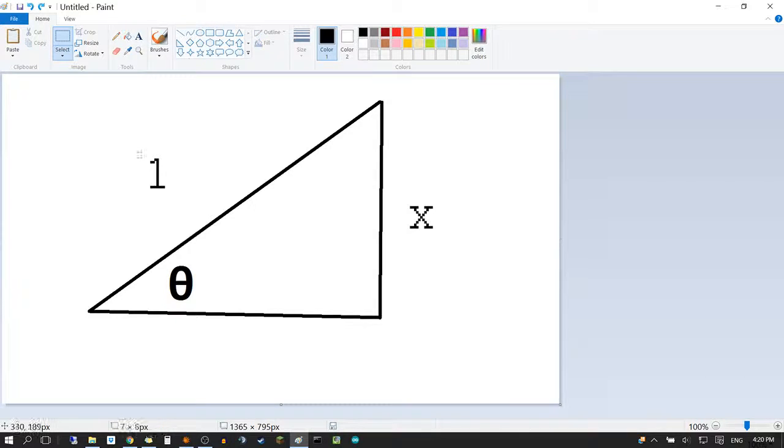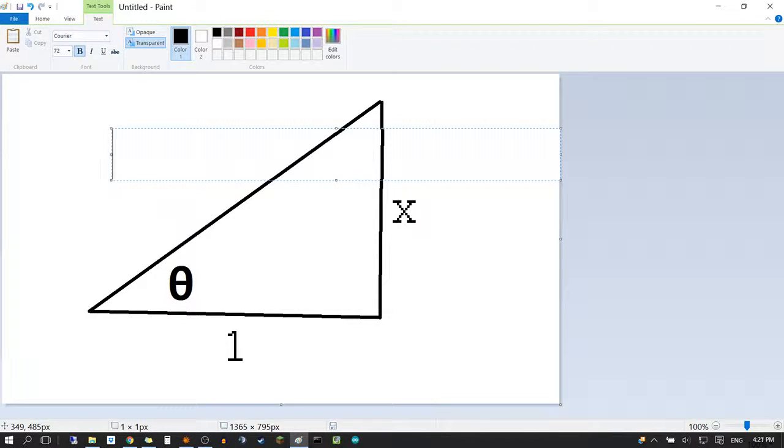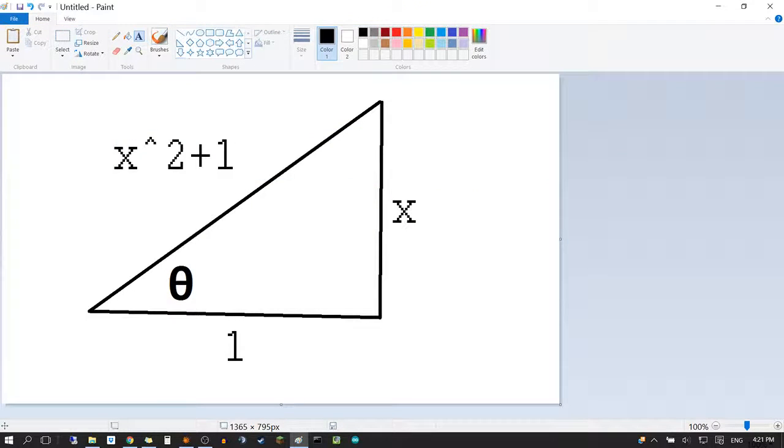So, here we go. Here's x on the opposite side and 1 on the adjacent side. And this will give us, via the Pythagorean theorem, the square root of x squared plus 1 as the length of the hypotenuse.